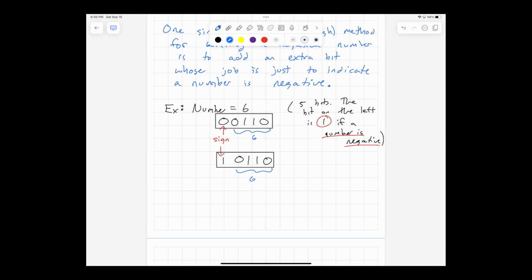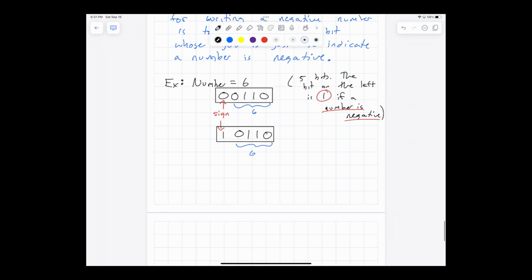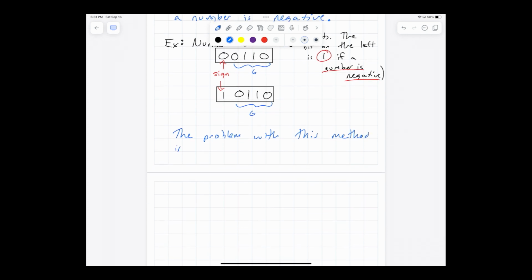Now the problem with this is that it doesn't make it easy to add these together. So the problem with this method is, how would we add 6 and -6 and get 0? You can't just add normally.